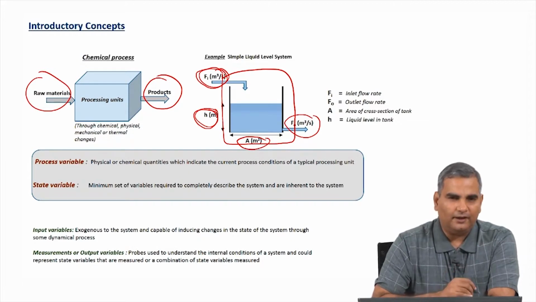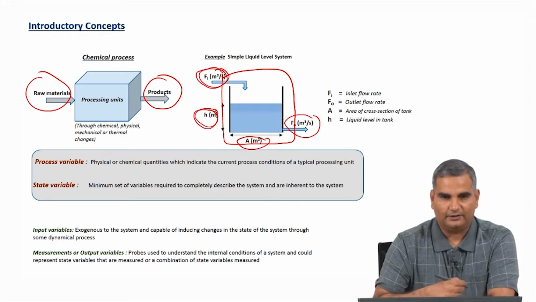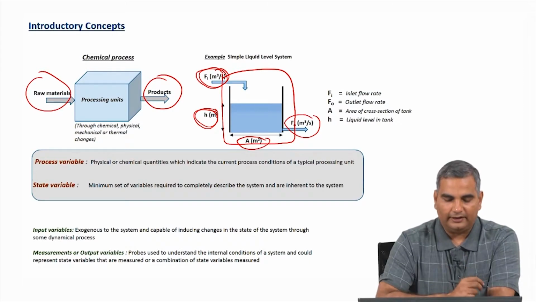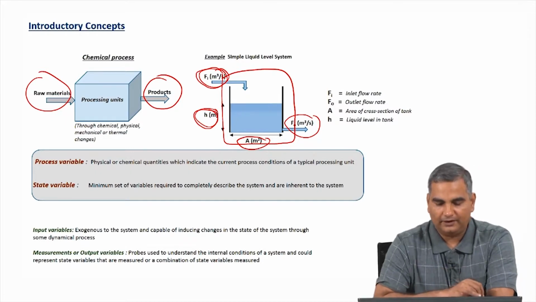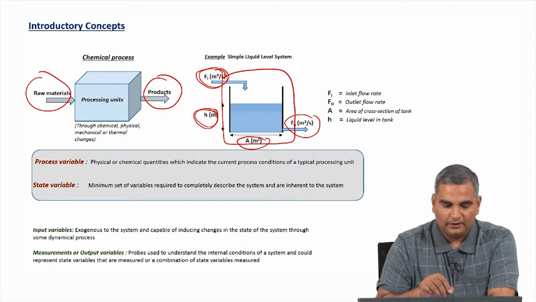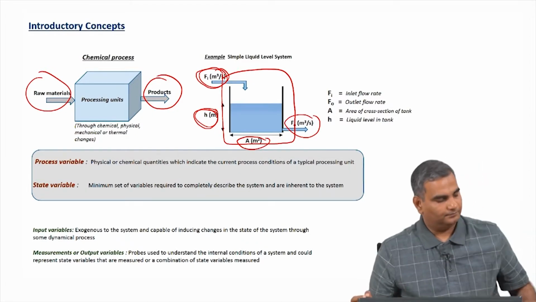And one simple way of defining a state variable for the type of models that we are going to look at is, in general, these are the variables for which we write a derivative, and I will explain this in more detail later. So, as far as this example is concerned, I have the state variable H, I have the input variable Fi, and I might say this F naught is the output variable, A is a design parameter. So, which is what we have written here.